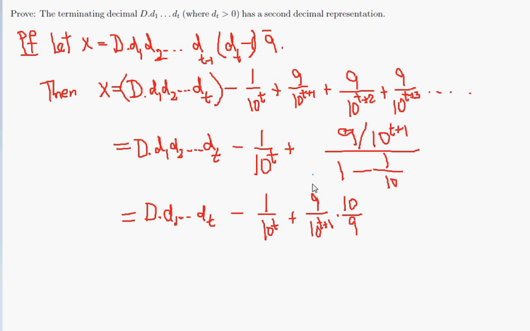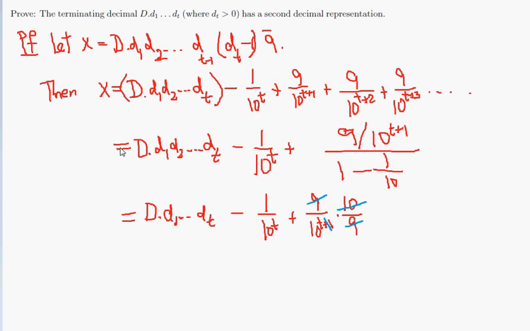Okay, and now the cancellation works as we'd hope. The 9 cancels the 9, and also 10 to the first cancels the plus 1 in the exponent. That leaves me 1 over 10 to the t. And 1 over 10 to the t minus 1 over 10 to the t cancels.